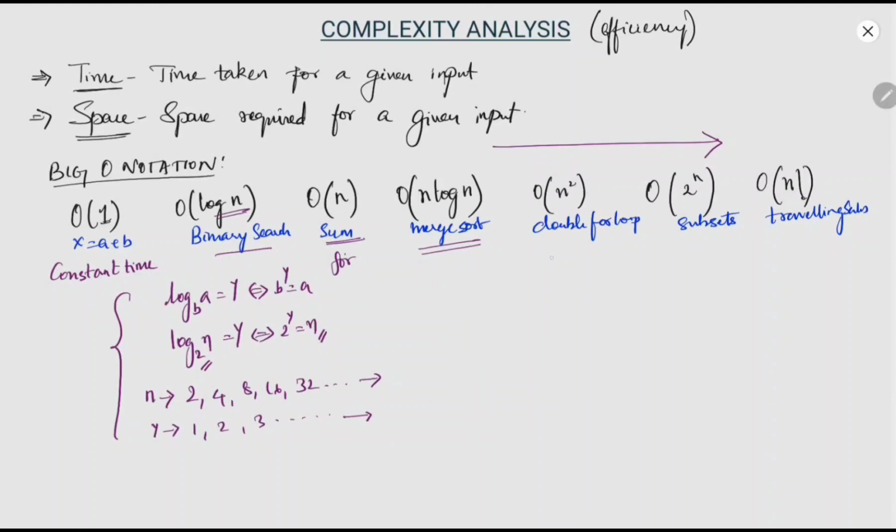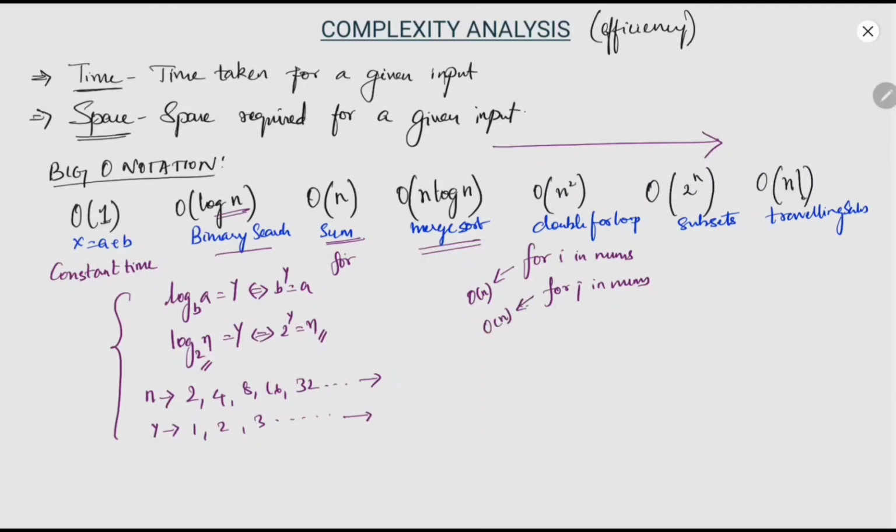Moving on to n square. The best example for n square is a double for loop. So if we have for i in numbers and for j in numbers, this means we are iterating through the entire list for every element in the list. So this statement takes O of n time, and again this statement takes O of n.